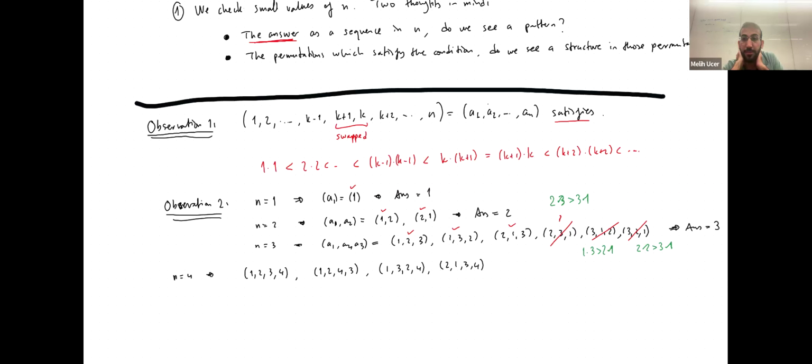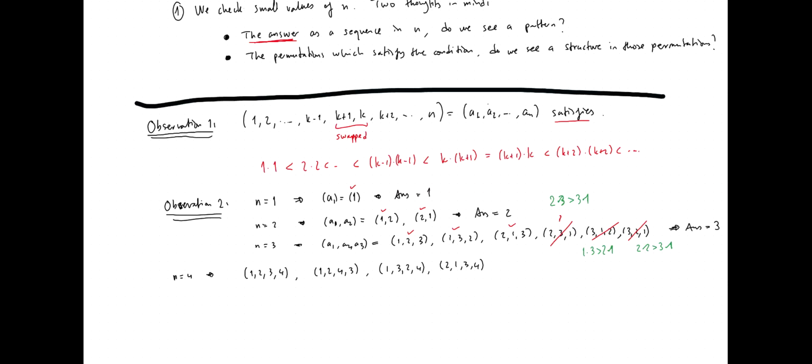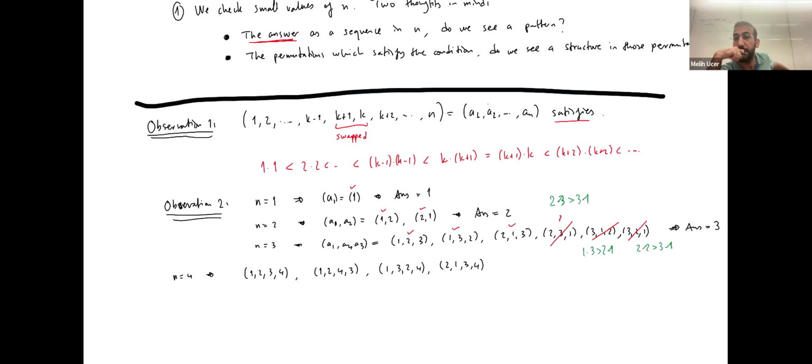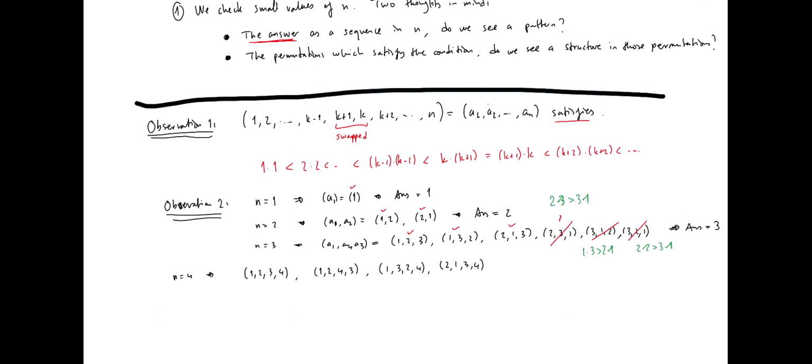So you are saying, the first element is either 1 or 2, right? If the first element is 3, for example, there is definitely going to be some failure. Yeah, because wherever we place 1, it's not going to validate the inequality.